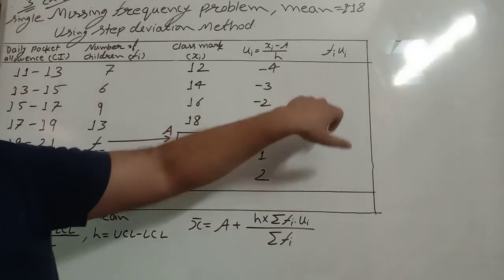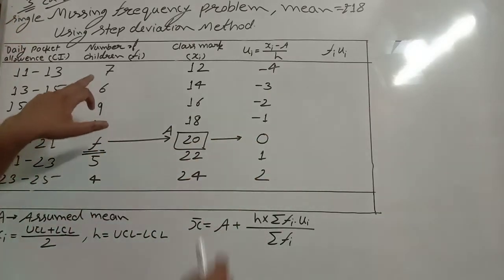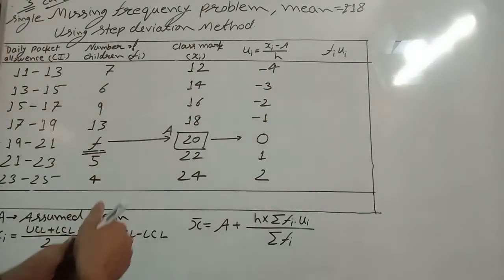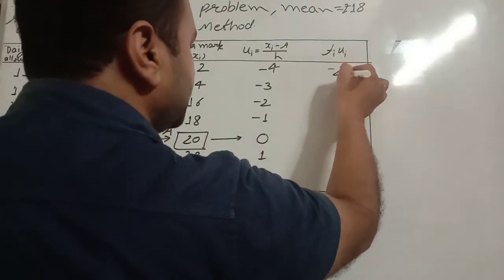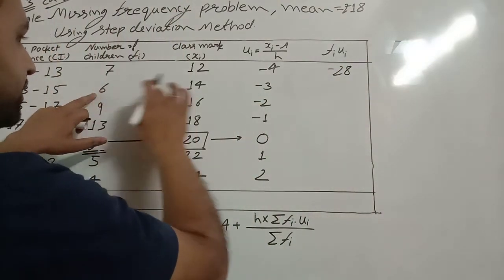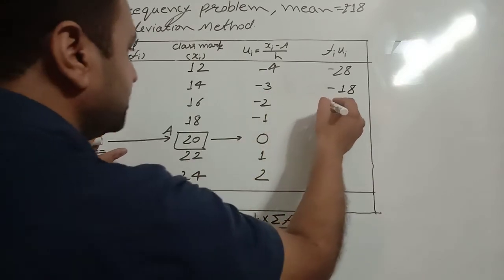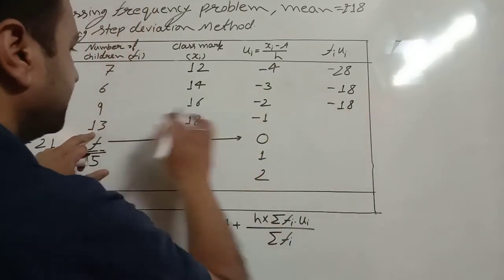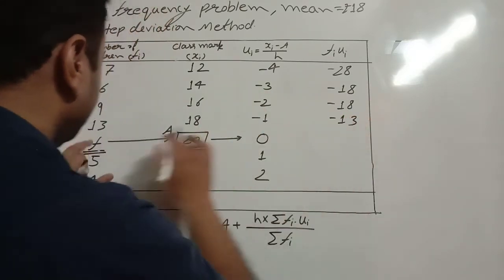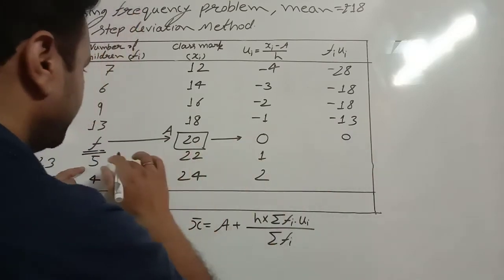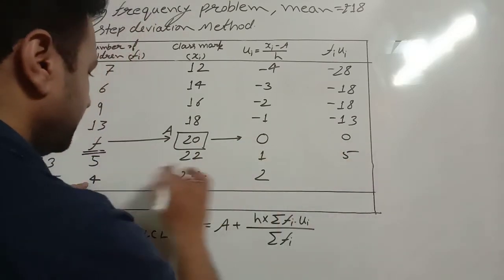Now we fill the fifth column fi into ui. It means multiply these two numbers: -28, -18, also -18, -13, 0, 5 and 8.